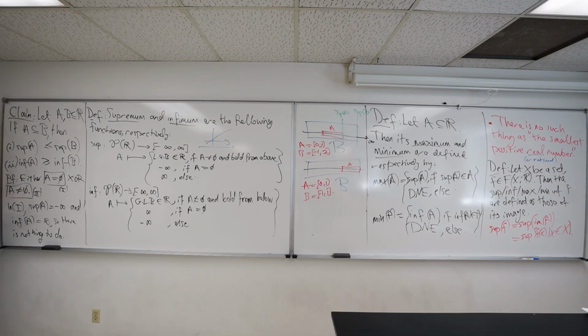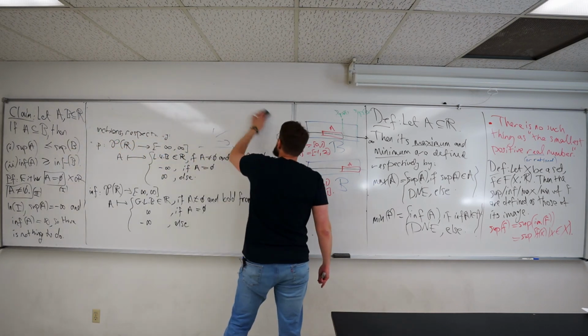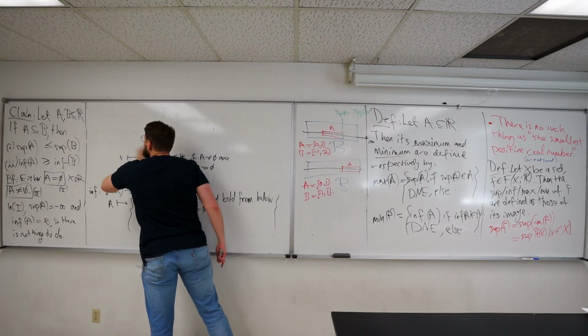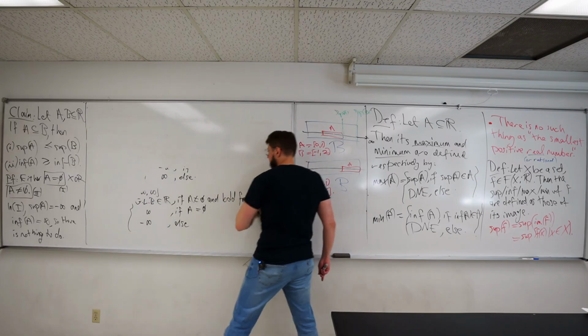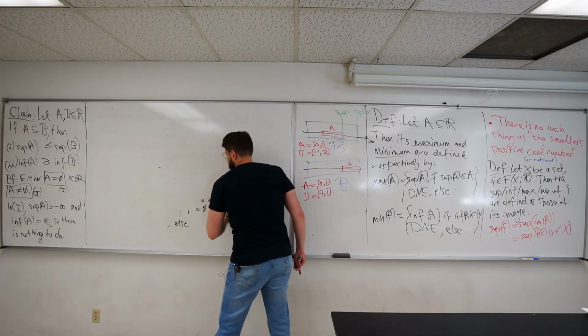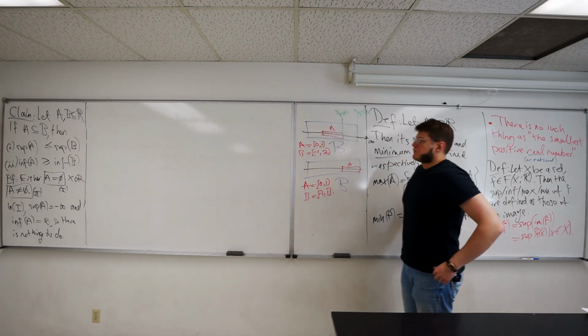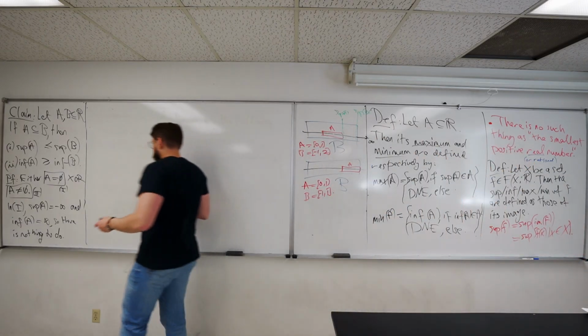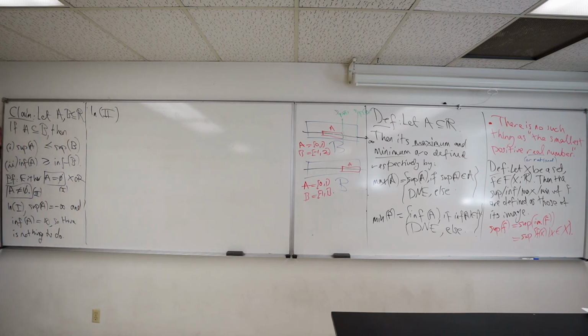Case number 2 is where the meat of the proof is going to be, really. In the second case, you see this time in case number 2, because I'm assuming that A is non-empty, I can take a point in A. Now that is allowed.